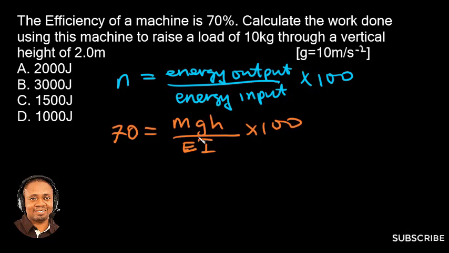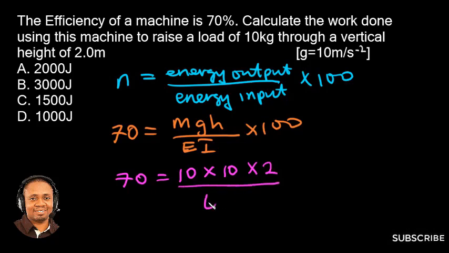Alright, so now let us substitute the values for mgh. So we have 70 equals the mass we're given, which is 10 kg, so 10 times the gravity, which is also given in the question as 10, then times the height, which is given as 2.0, to be divided by energy input, then multiplied by 100.